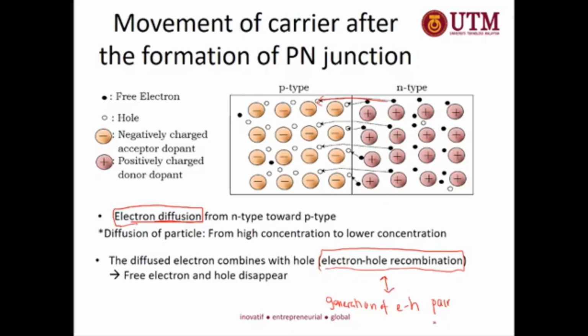In reverse, the electron goes back to the vacancy, and the electron and the hole disappear. There will be no more electron and no more hole when they recombine.